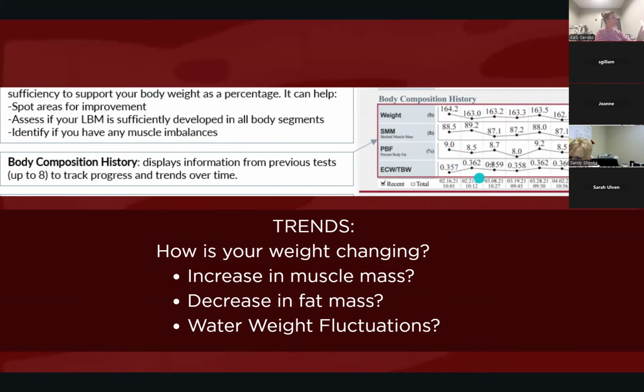Overall, that's a good thing, even though the scale shows no change or maybe even an increase. So the trends can become useful over time by looking at how your muscle mass is changing, and hopefully it's going up. Hopefully your percent fat is going down, and hopefully your water weight is staying pretty even keel, close to that 0.38 range.